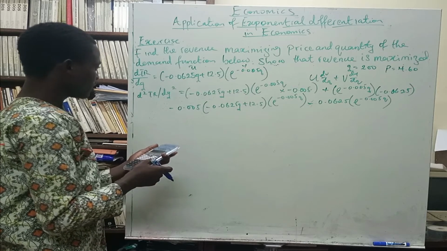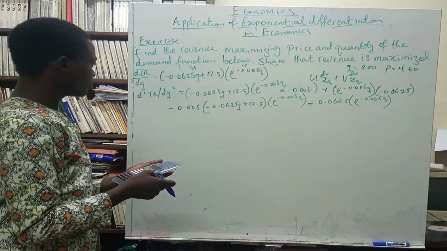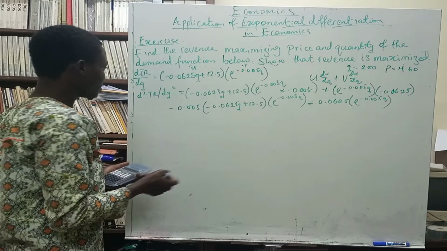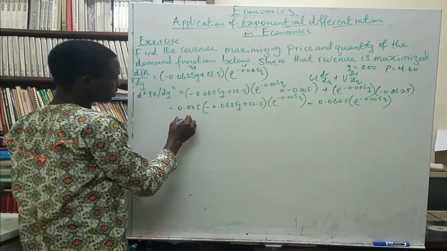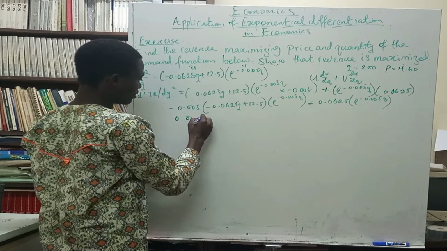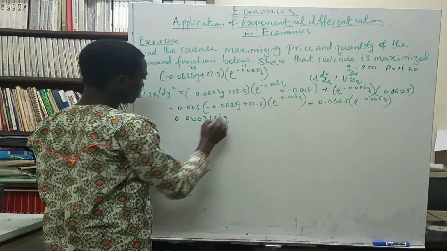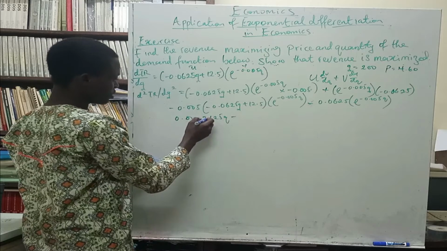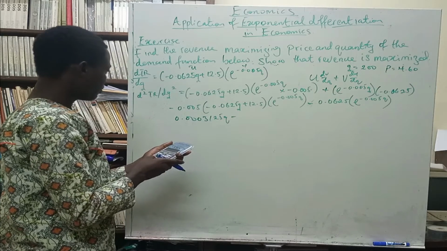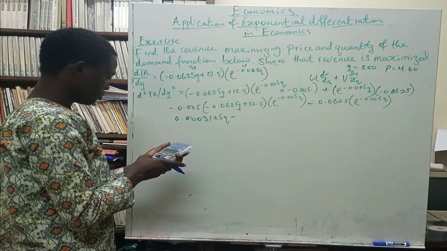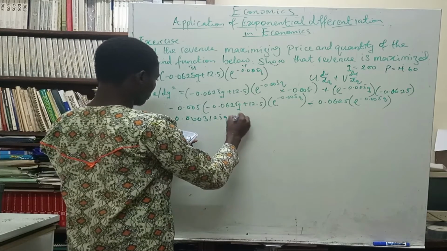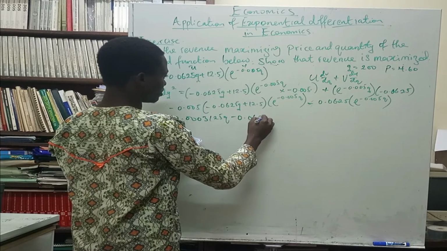That will give us 0.0003125 Q, and then minus 12.5 multiplied by 0.005, this is giving us minus 0.0625 again.